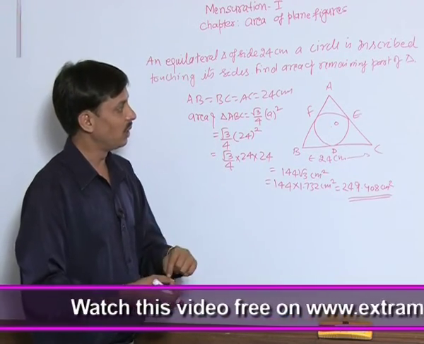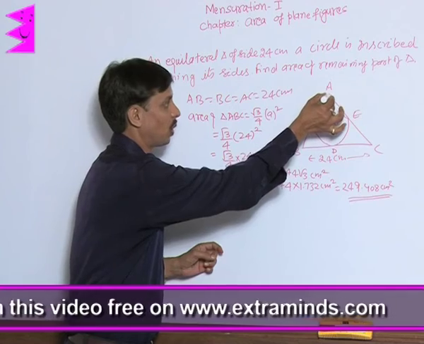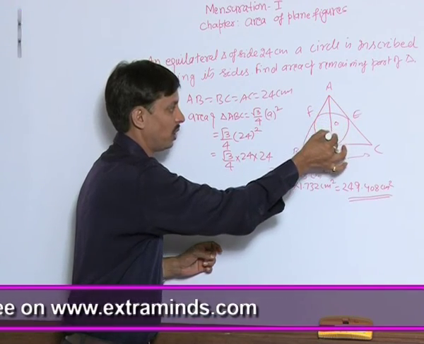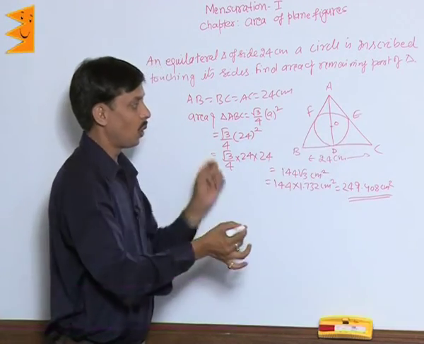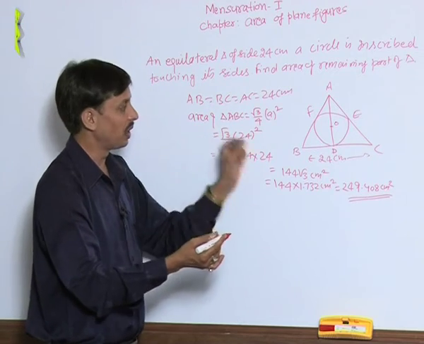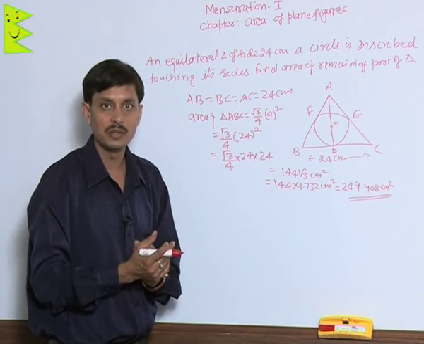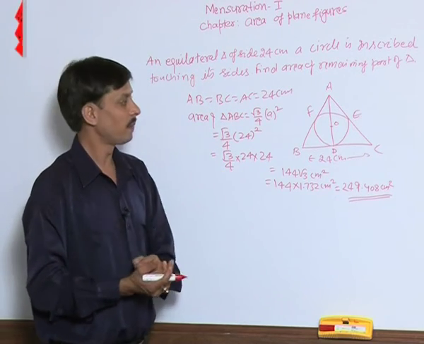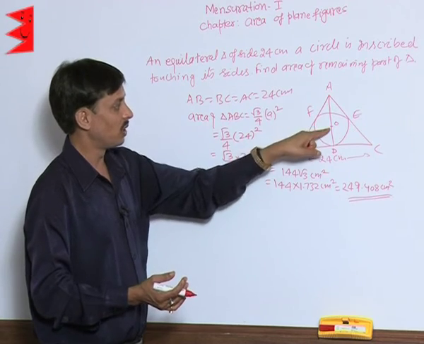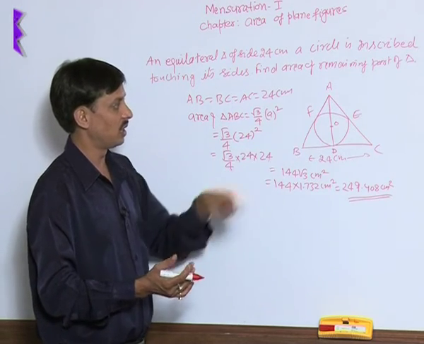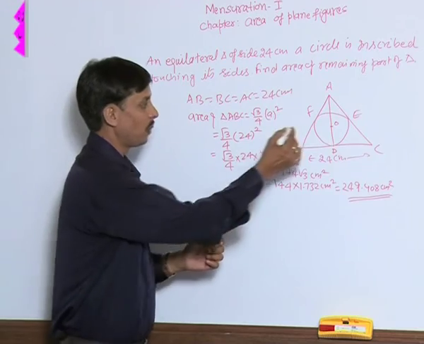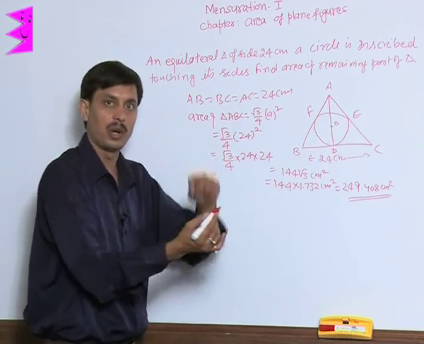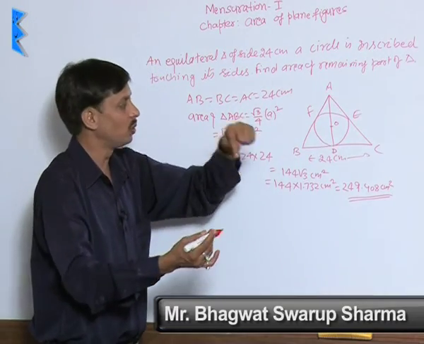So if I draw AOD, then AD is the median, and O is the point where all three medians meet. As per the property, O is the center, the incenter, the circumcenter, and the centroid. And the centroid divides a median in the ratio 2:1.